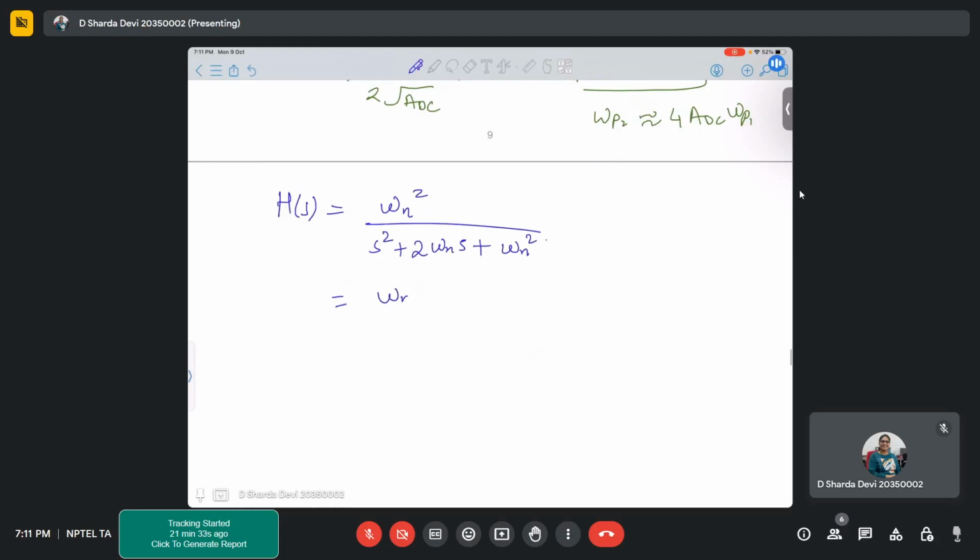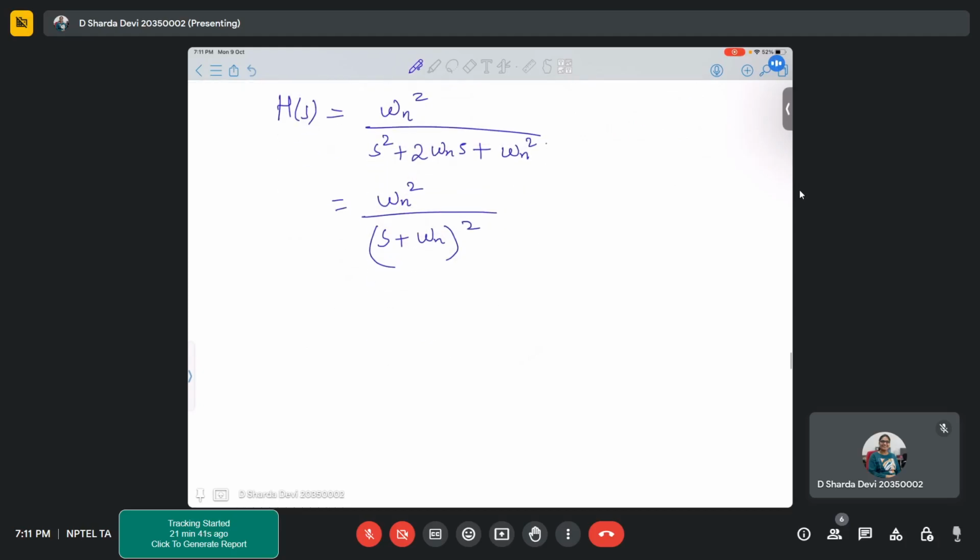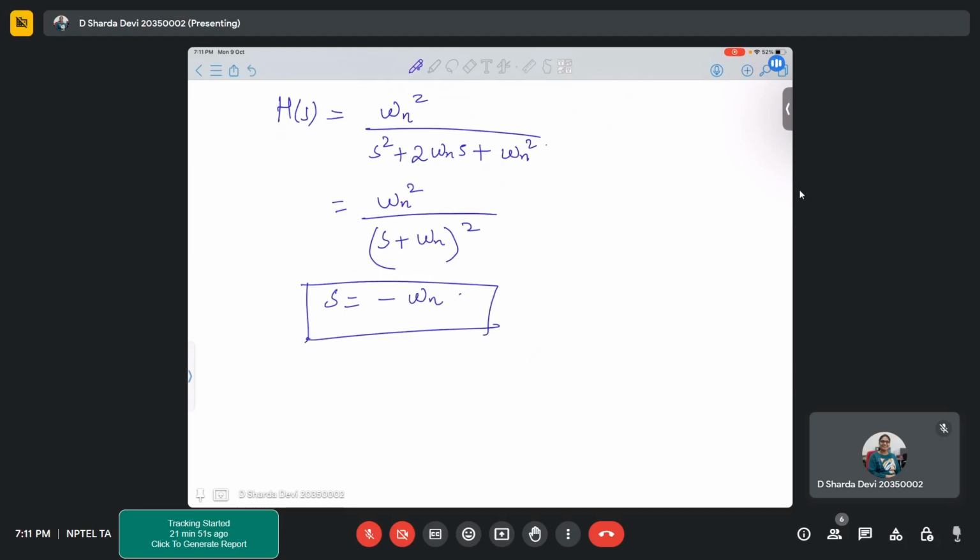So this is omega n square by (s plus omega n) whole square. Correct? So now here s is equal to minus omega n. So there are 2 poles and both are real poles.